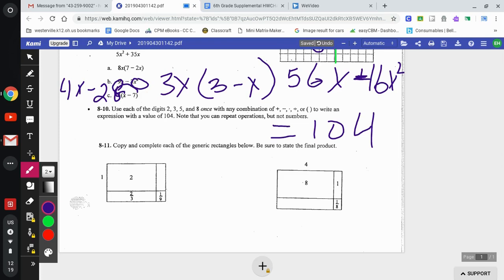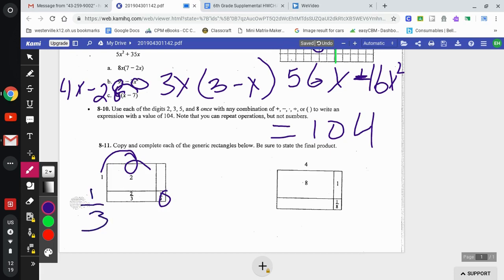So last one, we're going back to the generic rectangles. They kind of gave us some information, and it's up to us to figure out what's missing. So 1 times what is 2? So we know the top is 2. And then looking at this side, we got 1/9. But knowing that 2 is on top, 2 times what is 2/3? 2 times 1/3.